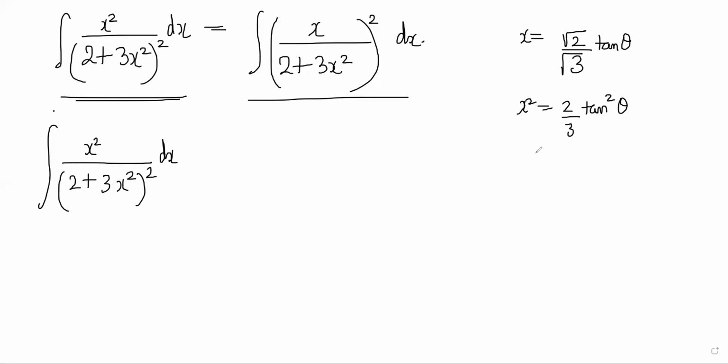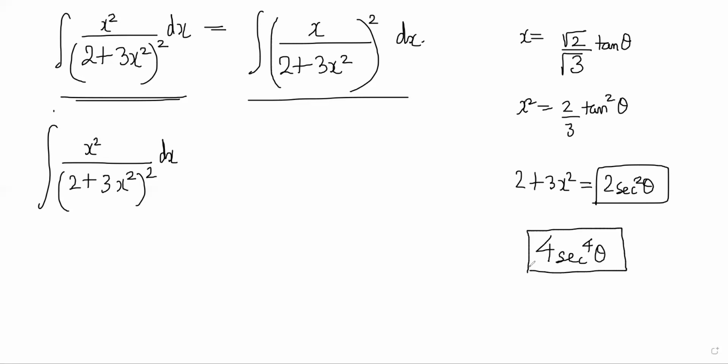Okay, that's fine. So 2 plus 3x square will be 2 plus 2 tan square theta, so 2 sec square theta. So you'll have 4 sec power 4 theta in the denominator.